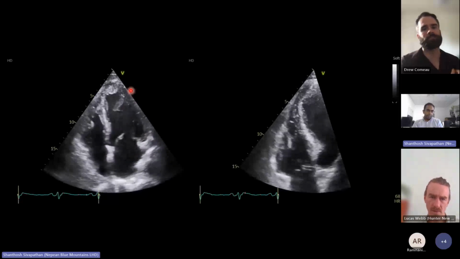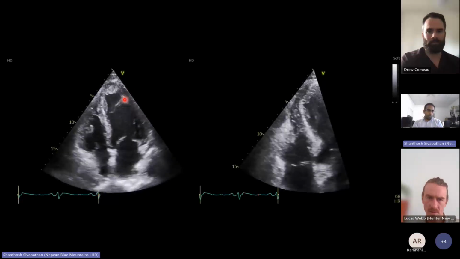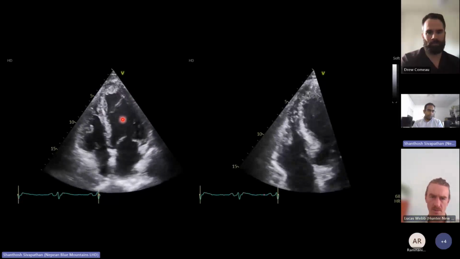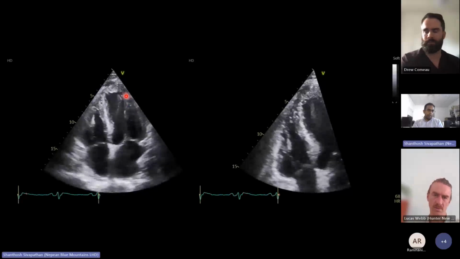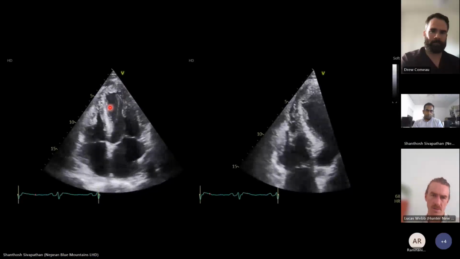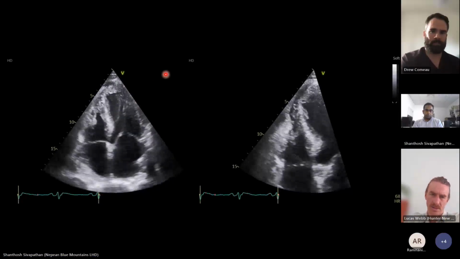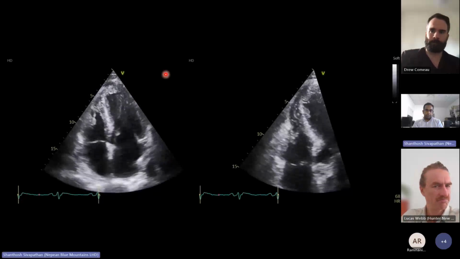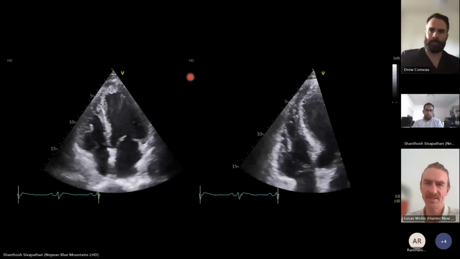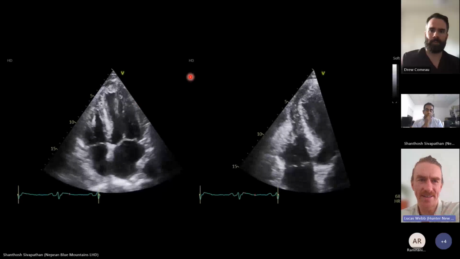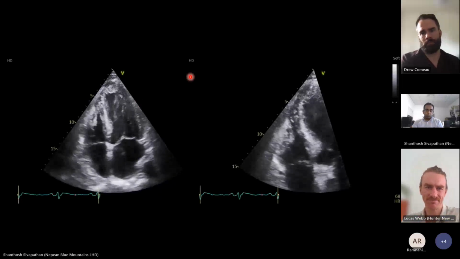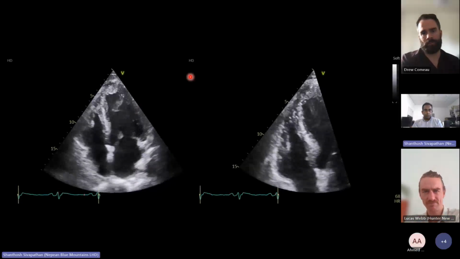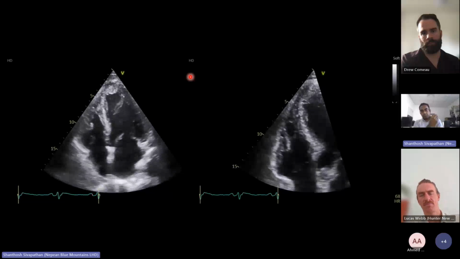And can everyone see the SEC, also known as spontaneous echo contrast? Does anyone know what that is? What does that reflect? Just stasis in that area. Rupture of the papillary muscle or something? Not papillary muscles. It is stasis of blood.